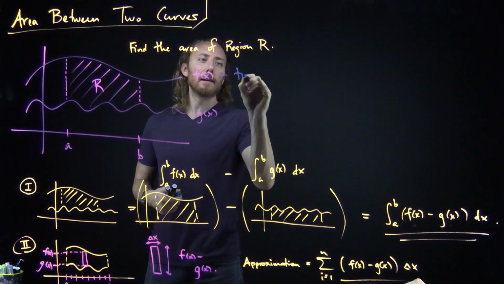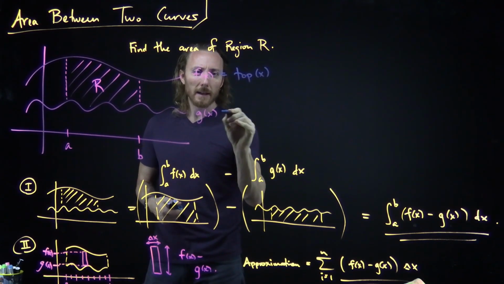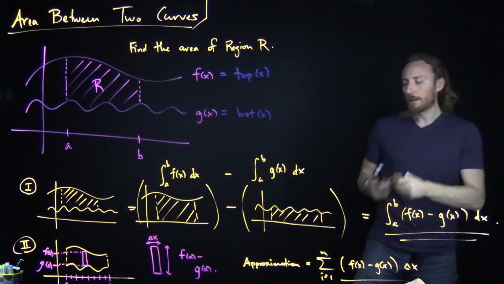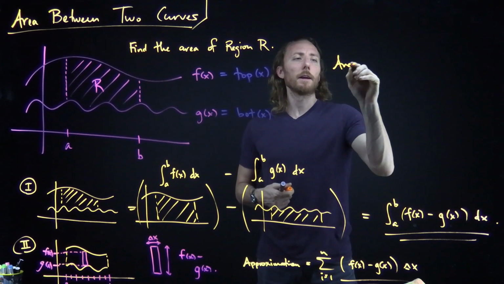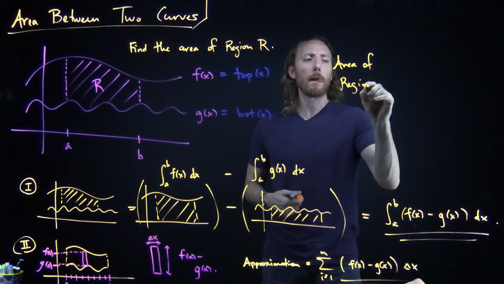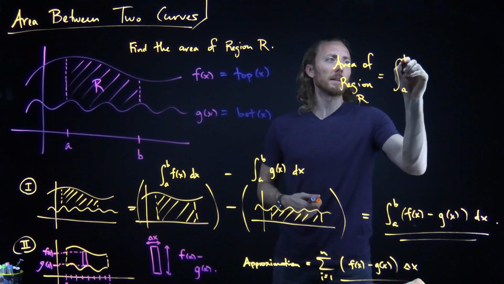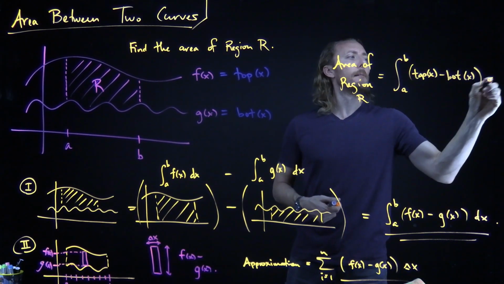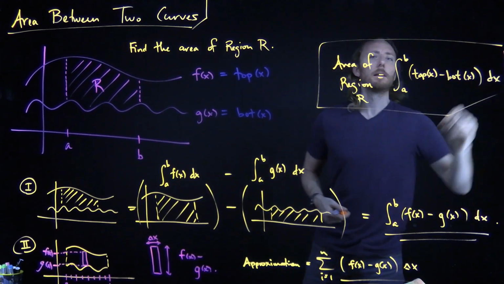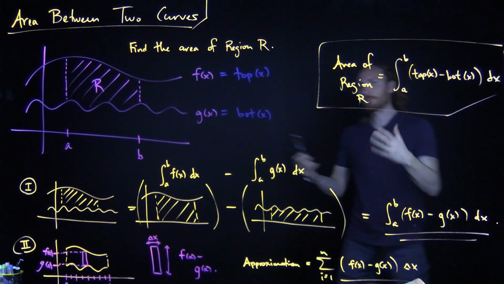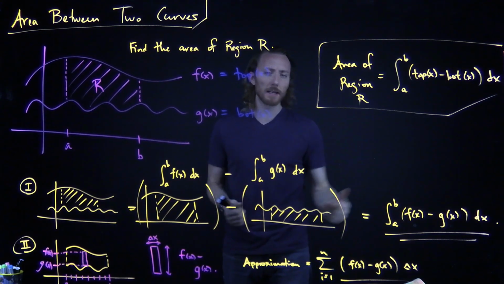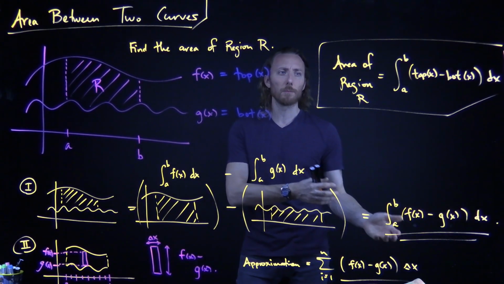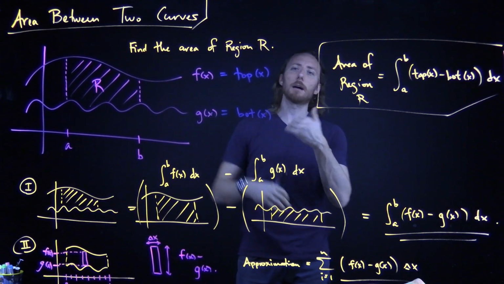If we take f of x and call this our top function, and take g of x and call this our bottom function, maybe it would be better to say the following: the area of region R is the integral from a to b of the top function minus the bottom function dx. So there's a nice complete articulation of these two ideas, taking into account the fact that our expression f minus g, which appeared below, was really a function of the fact that f was on top and g was on bottom.